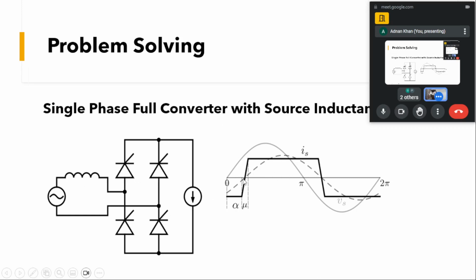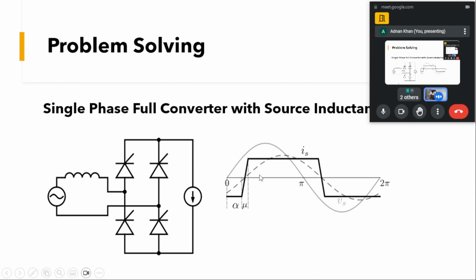Because of this source inductance, the transition from the negative to the positive current won't be instantaneous. It will have some delay because of this source inductance, and that interval is given by this mu, that is the overlap. That will be the overlap where both of these devices will be on when the current is transferred from this device to the other device.